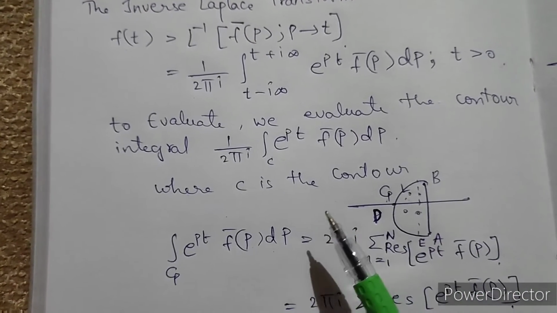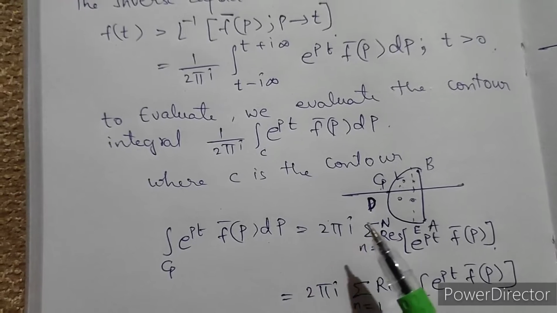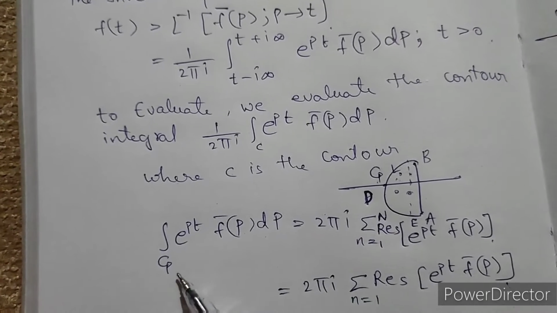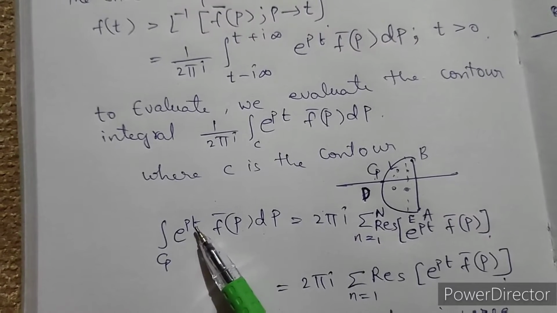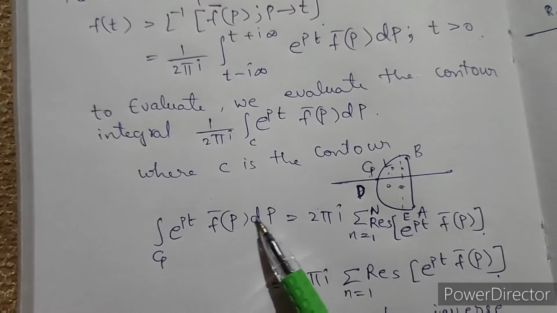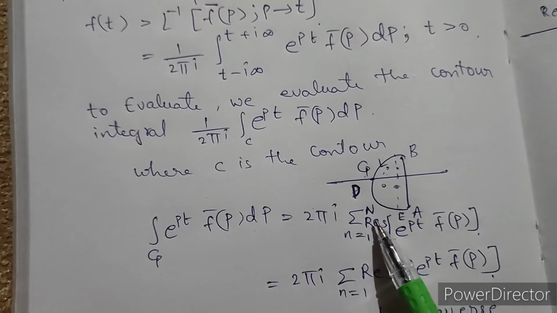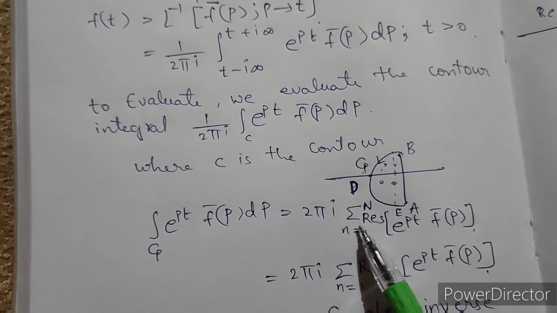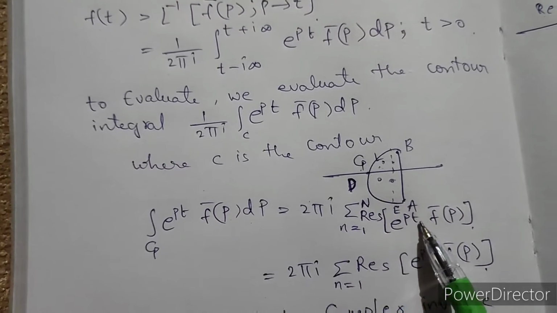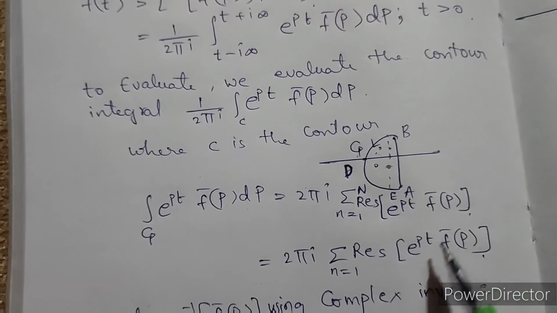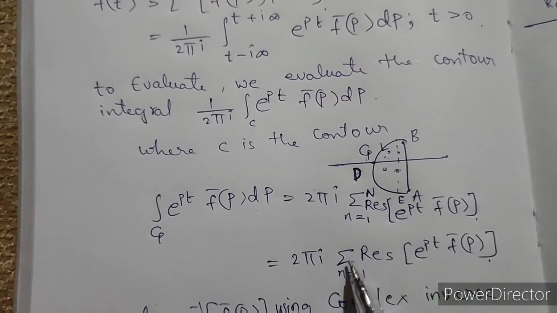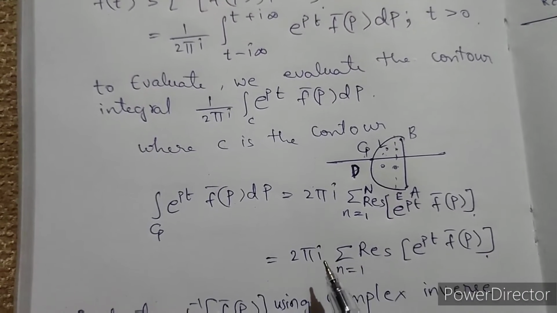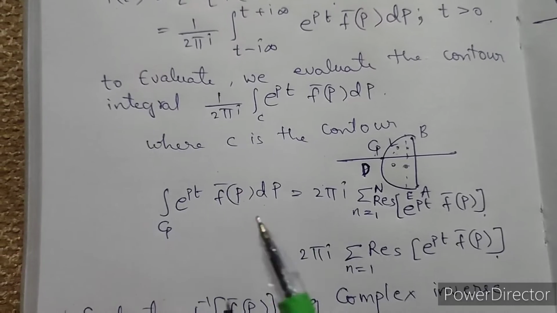The complex inversion formula goes this way: integral over C of e power pt into f bar of p dp is equal to 2 pi i times the summation over n equals 1 to n of residue of e power pt into f bar of p. So in short, we are adding up the residues and getting the value of this integral.